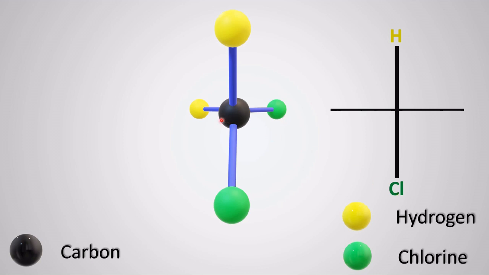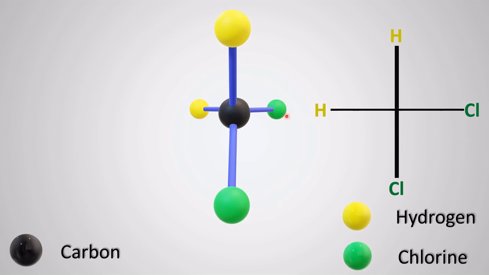Now the groups which are going behind, these two groups, are going away from the observer. The chlorine is on the right hand side and this hydrogen is on the left hand side. These two groups are not given priority in numbering because they are going away from the observer.